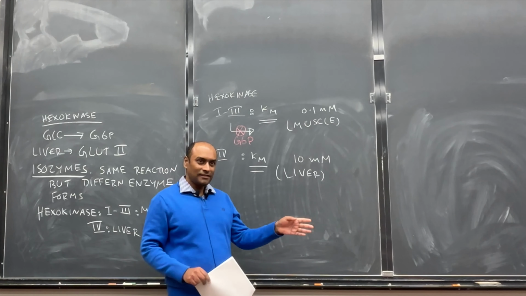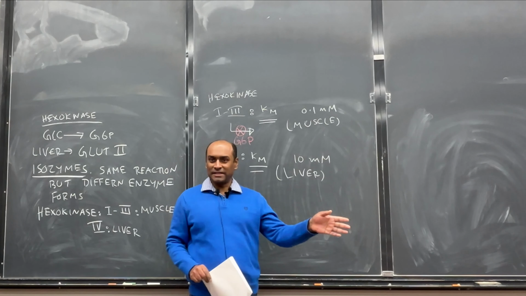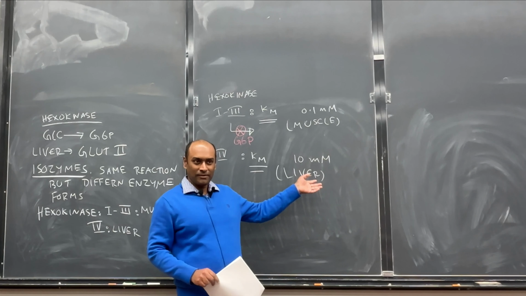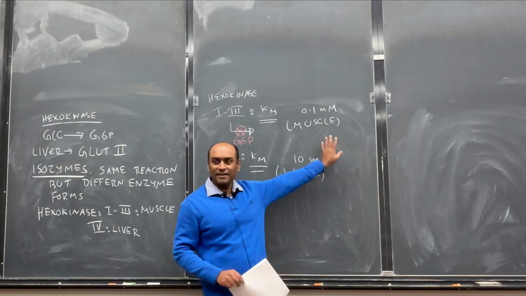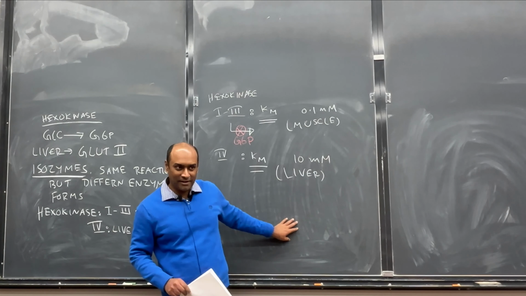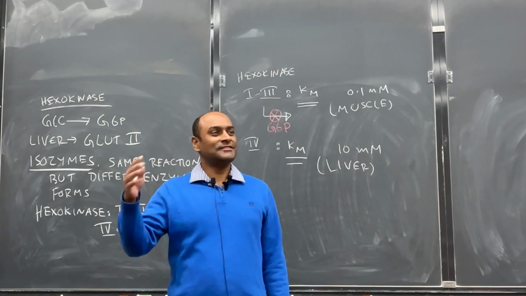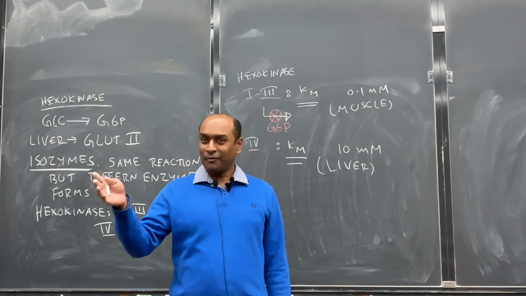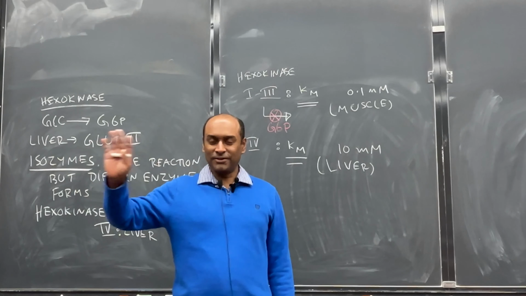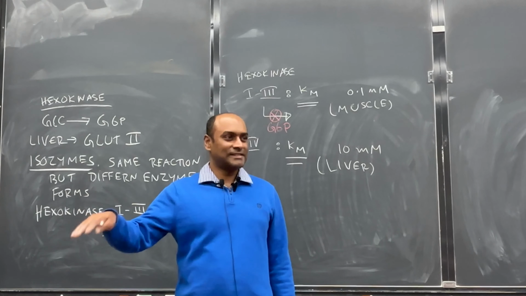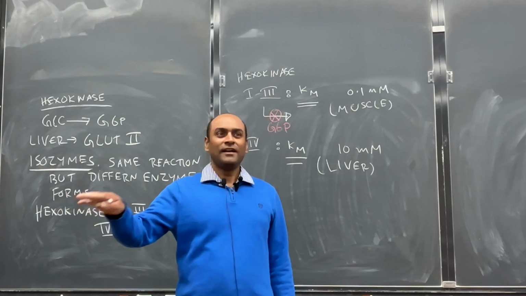Only when the blood glucose level is high enough and the need for the muscle has been met, then only liver will take glucose. So normally after eating a meal, our blood glucose is very high. Of course, first glucose will go to the muscle, and when muscle is satisfied, then only glucose will enter liver.